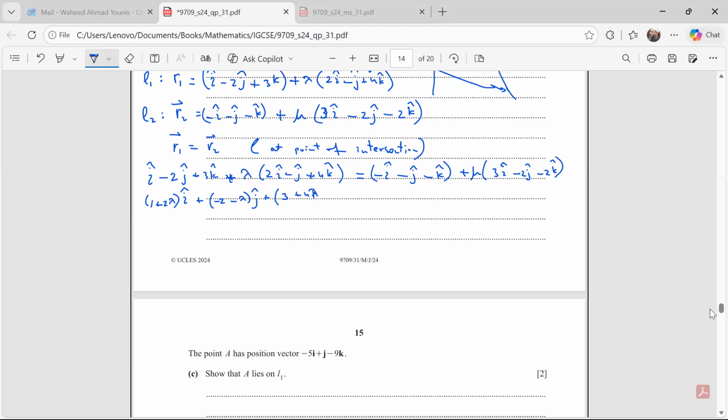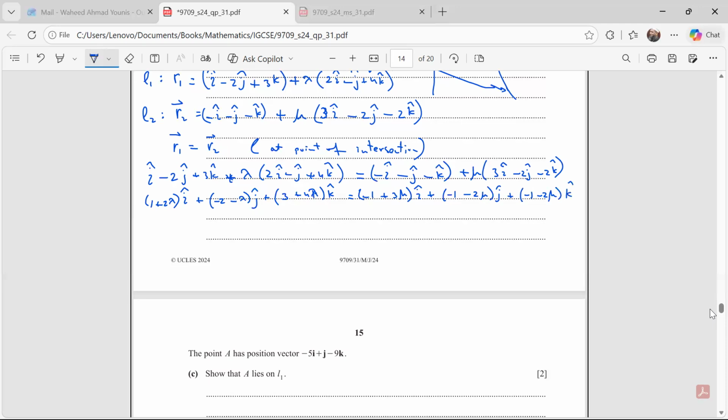On the right side, I have minus 1 plus 3 mu times i, minus 1 minus 2 mu times j, and minus 1 minus 2 mu times k.